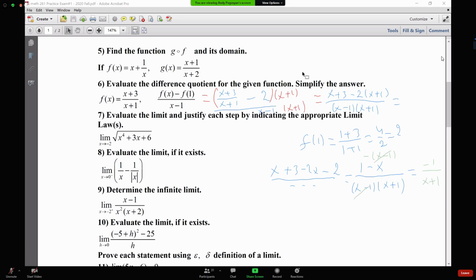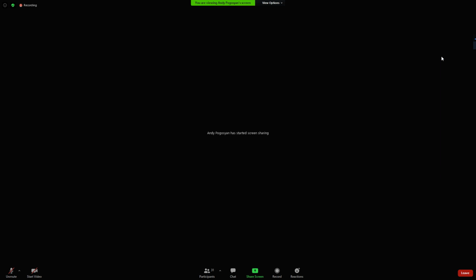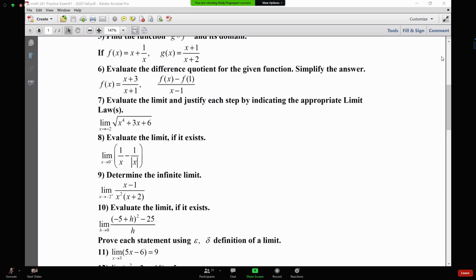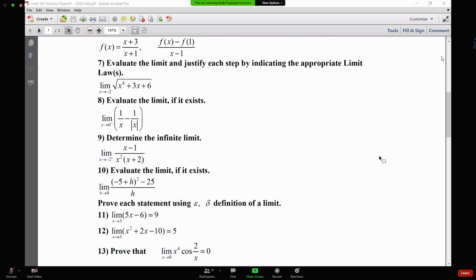Now, number 7. Okay, let's do this. Evaluate the limit and justify each step by indicating appropriate words. So, first step, limit goes under the radical.